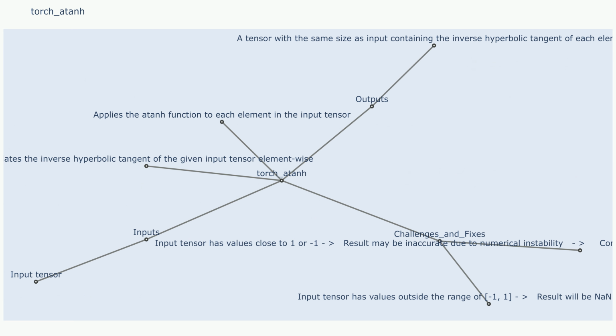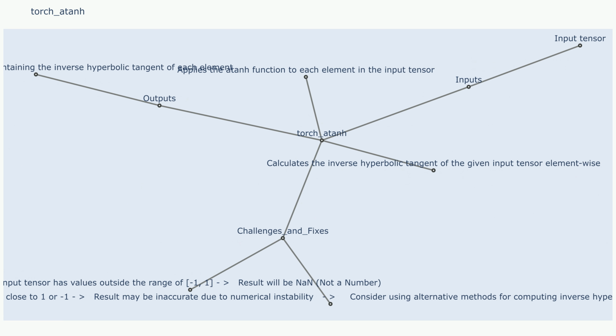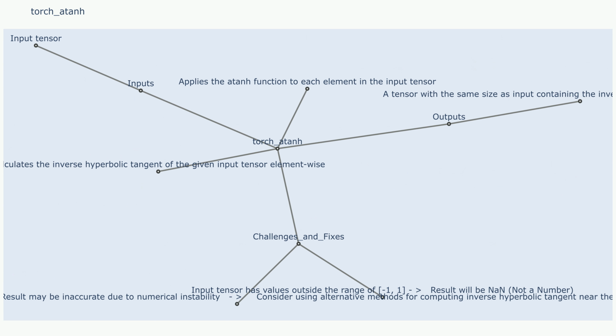Fixes to challenge 2. Make sure the input tensor's data type is compatible with the torch atanh function. You can use the torch.to function to convert the input tensor to a suitable data type like torch.float or torch.double.